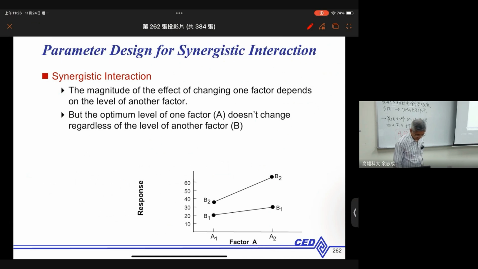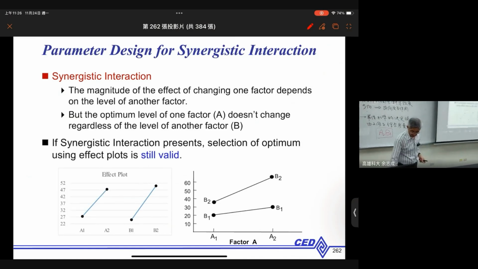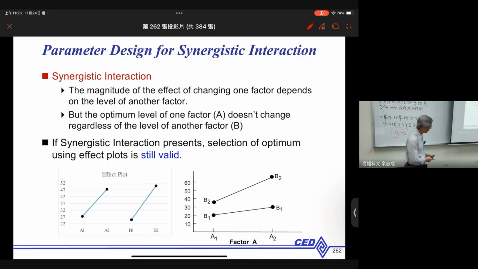All right. So here in the parameter design, as I mentioned before, although the model is not accurate, the difference depends on whether you select B1 or B2, but the selection of A is still the same, right?